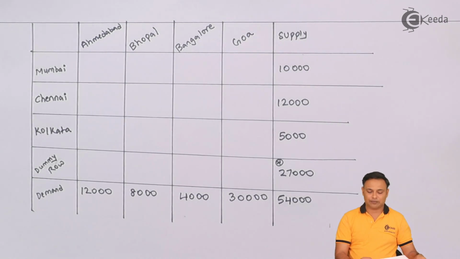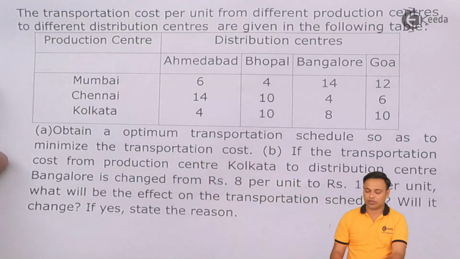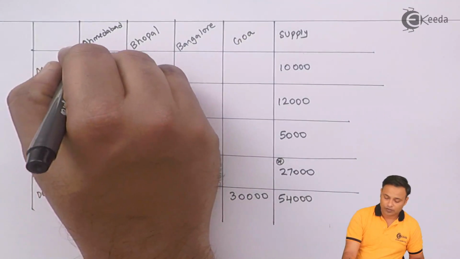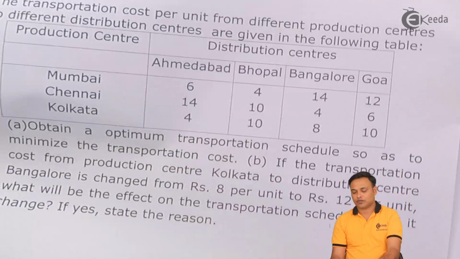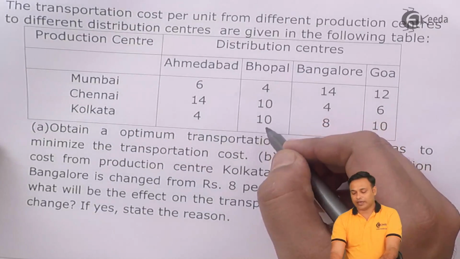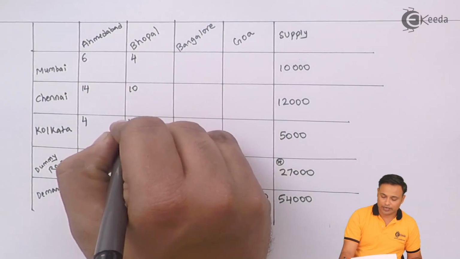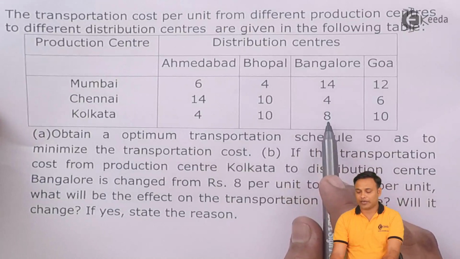Next thing we have in the problem is the transportation cost. Here is our transportation cost: 6, 14 and 4. 4, 10 and 10. And at Bangalore we have 14, 4 and 8.